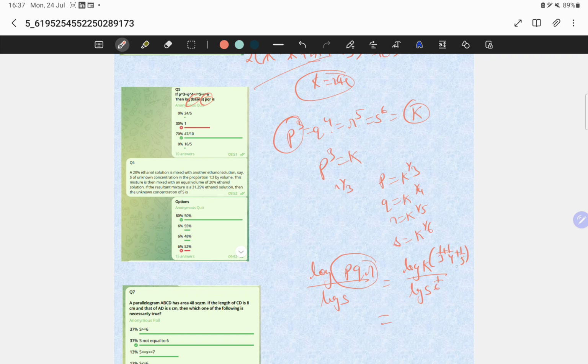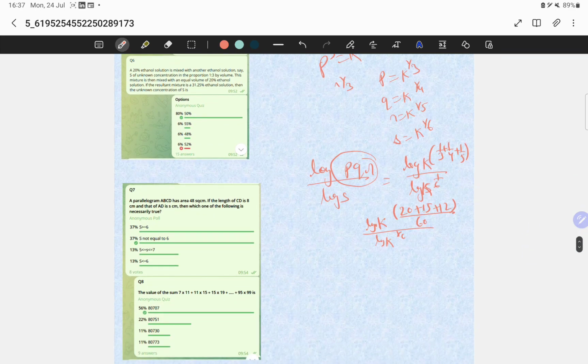The total will be 60, so this will be 20 plus 15 plus 12, that is 47 by 60, and this goes 1 by 6 up, so this will be 47 by 10, which is the answer.